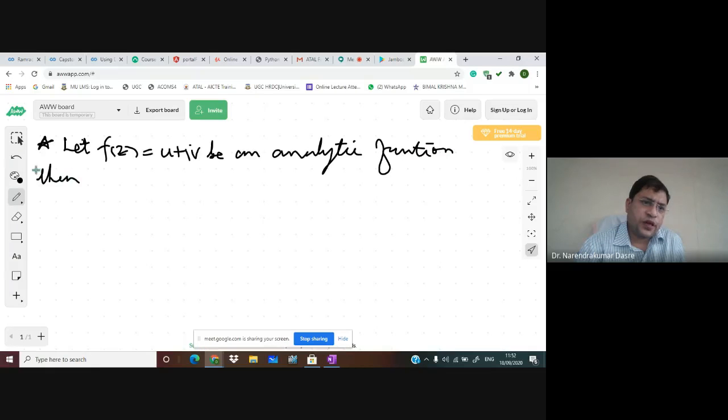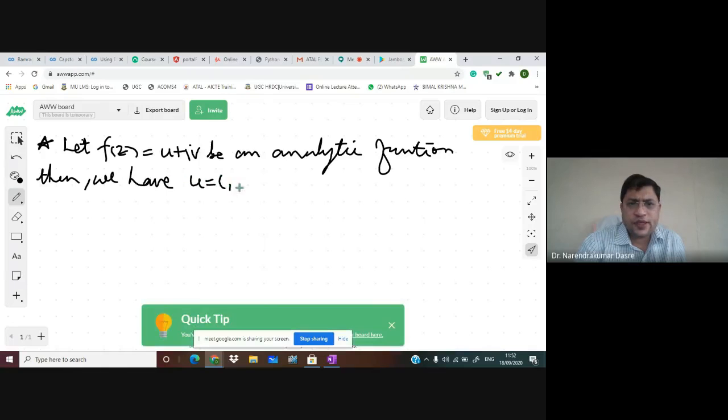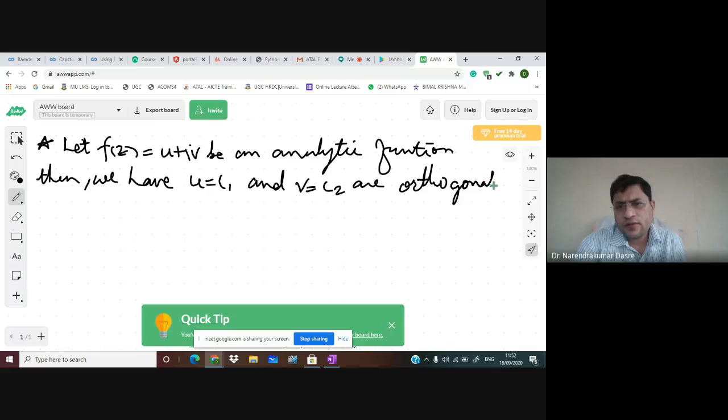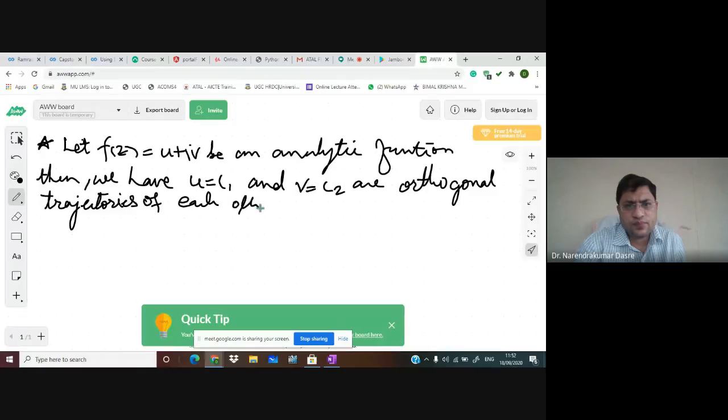Then we have u is equal to c1 and v is equal to c2 are orthogonal trajectories of each other. That means u is equal to c1 is the orthogonal trajectory of v is equal to c2.